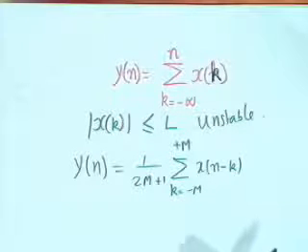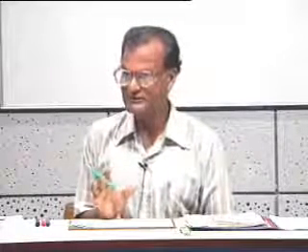The test is that you apply an x of n minus k which is bounded and find out if the output can ever go unbounded. If it remains bounded conditionally, it becomes unbounded under certain other conditions, then as I said, honesty or dishonesty, the system shall be termed as unstable.